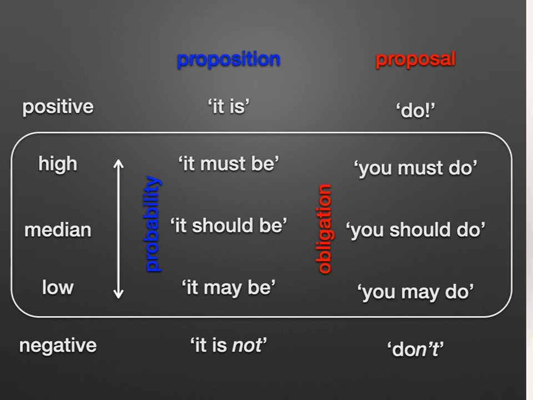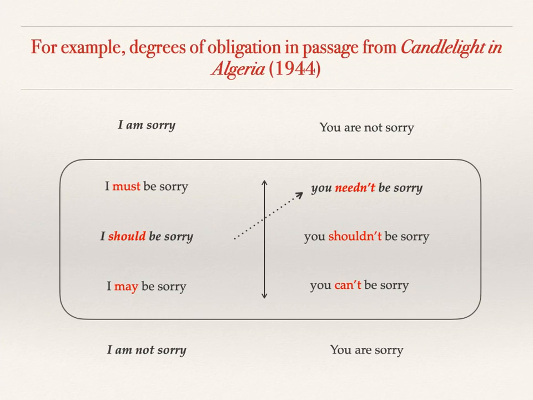Let me take an example from a piece of dramatic dialogue from the film Candlelight in Algeria from 1944. There's a proposition here, being sorry or not being sorry for past action. So the categorically positive from the speaker's point of view is I'm sorry, and the categorically negative is I'm not sorry. There would be 3 degrees of modality in between.